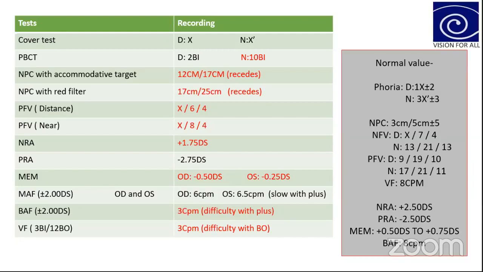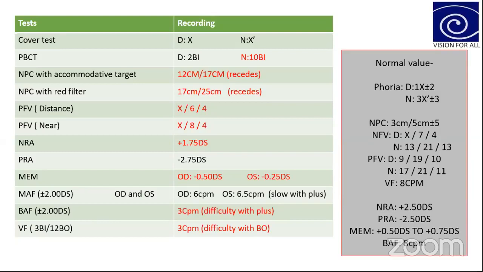If you see the NFV, it should break at around 7 prism. For PFV at distance and near, it should be at least 20 prism. Vergence facility should be 8 cycles per minute. NRA should be plus 0.50 diopter spherical, and PRA should be minus 2.5 diopter spherical.